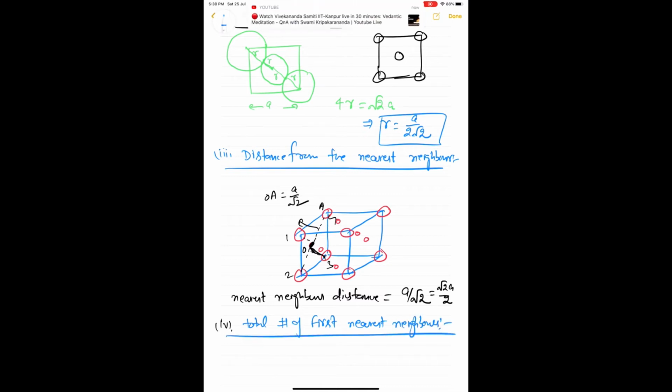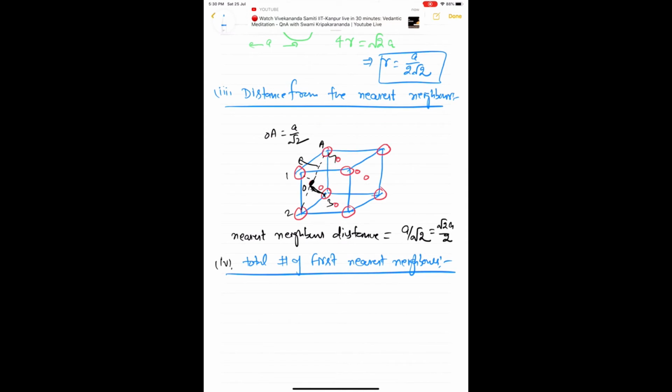That would be equal to 4, 1 2 3 4, which I have just marked, and the atom which is at the center of the front face, let me write down the atoms as 5 and 6 with a different color.